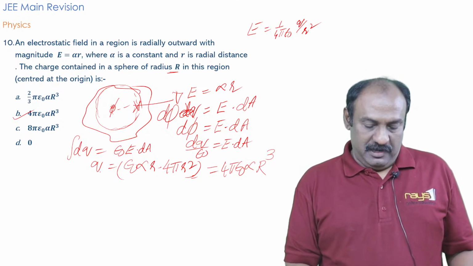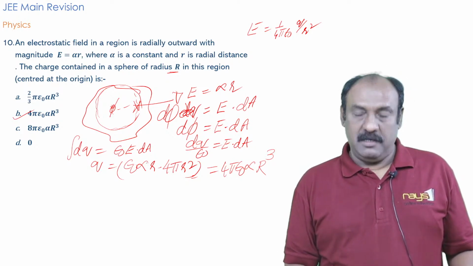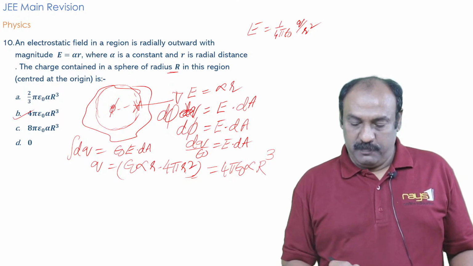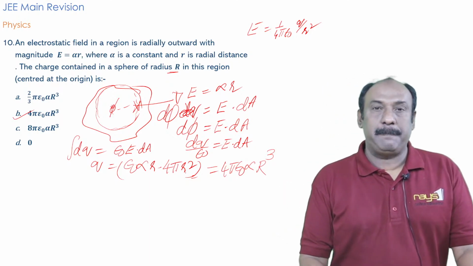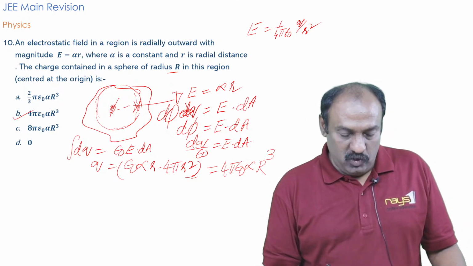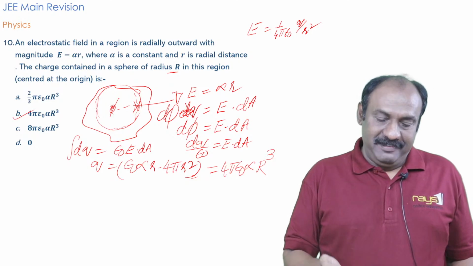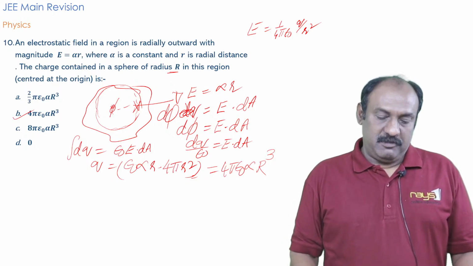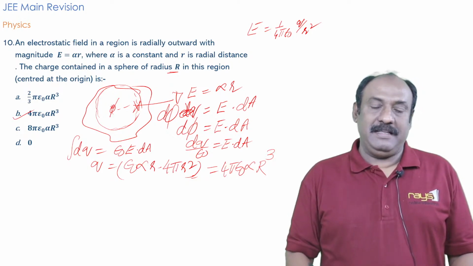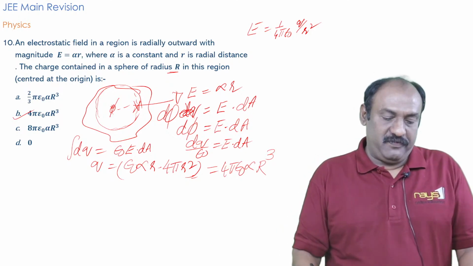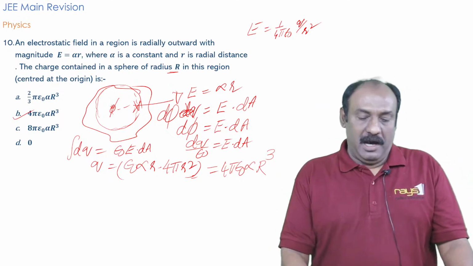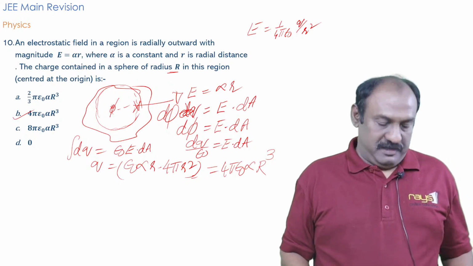So the charge q equals epsilon naught alpha into r into 4 pi r square, that gives 4 pi epsilon naught alpha into r cubed, which gives the total charge present inside the solid sphere imagined in the region of electric field intensity E equal to alpha r. Right, next question.